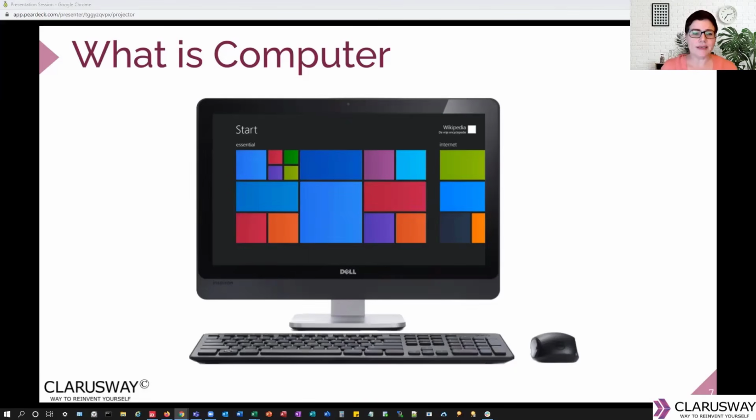Now, can you guys think outside the box in terms of when thinking about a computer? What are some examples that are not in the traditional sense a computer, but do what computers do, in that they take inputs, they process that input, and they provide an output?